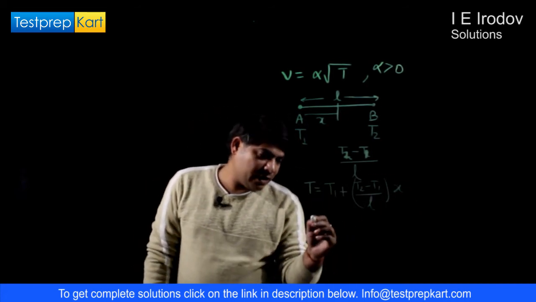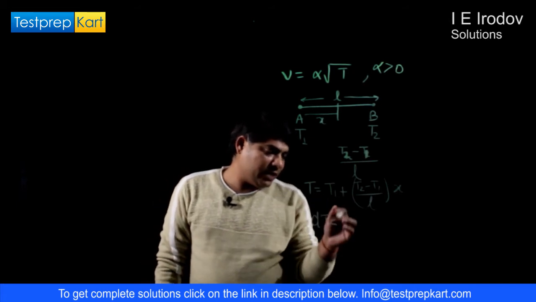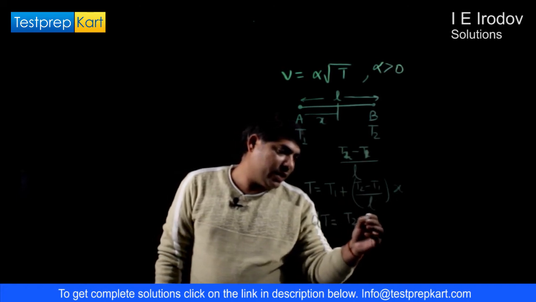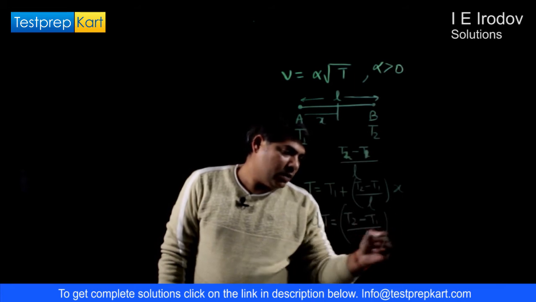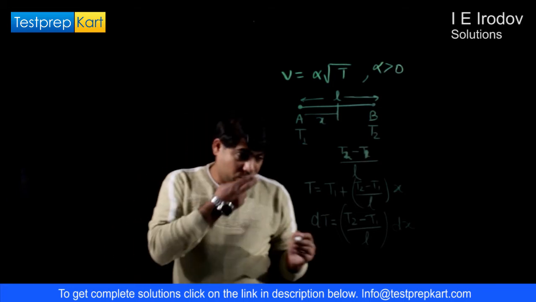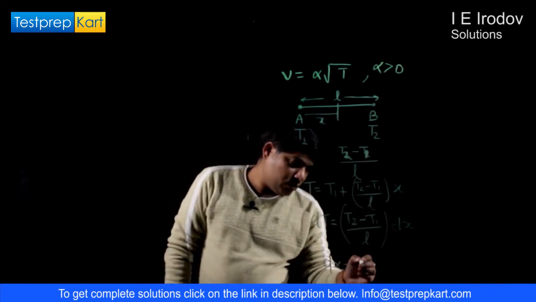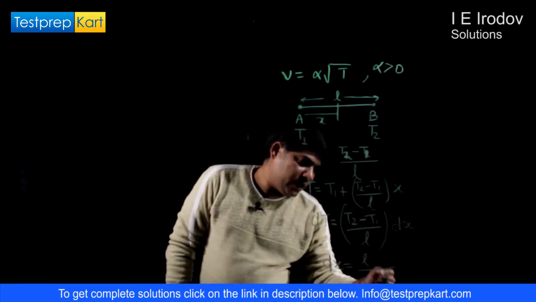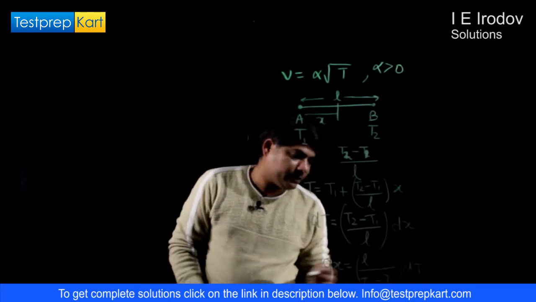So from here, if we differentiate, T1 is constant, so this term gets eliminated, and dT equals (T2 minus T1) over L into dx. So we can say that dx equals L over (T2 minus T1) into dT.